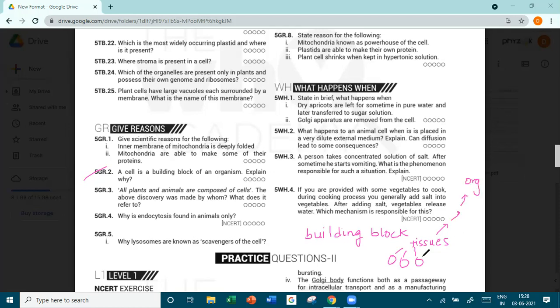So it all comes down to cells. That's why they are known as the building block of an organism, because they are the fundamental or basic unit of life. I can combine all of your points and give an answer. Should I write it? I'll write it. That's better.